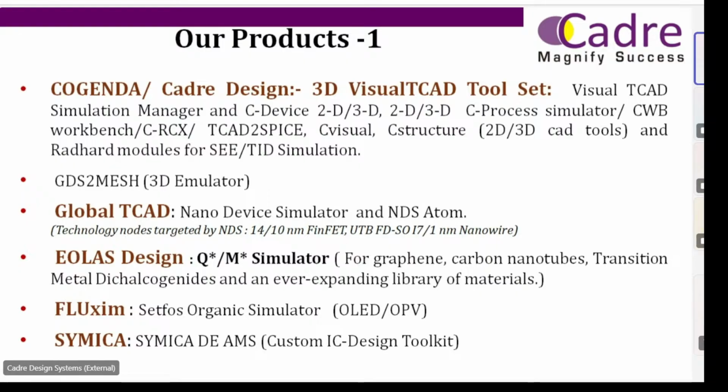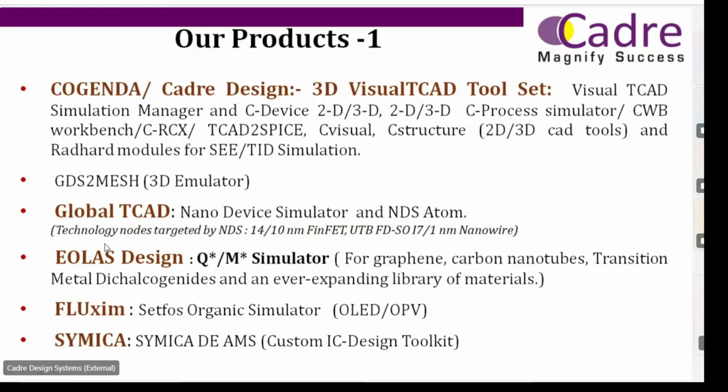If someone wants to use a monolayer along with silicon devices, like a MoS2 layer or a CNT based interface, then that kind of advanced simulation you are able to do in the Global TCAD environment, whereas those things are not possible currently in Visual TCAD. Visual TCAD is a classical TCAD tool. Here you can work down to 5 nanometer, and beyond that you can work using the Nano Device Simulator. Nano Device Simulator is mainly for microelectronics devices and novel architectures.